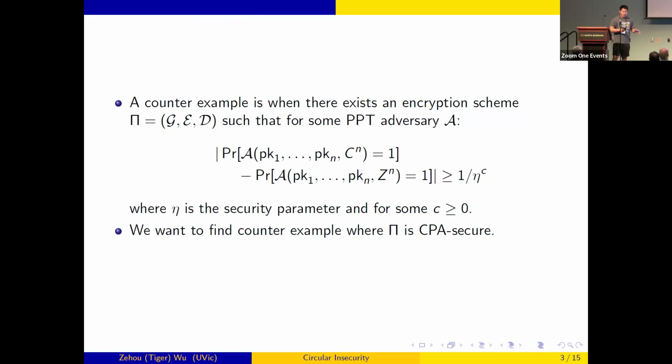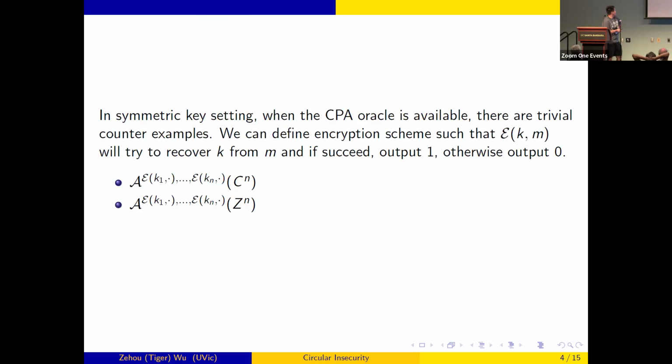A counterexample is where we find an encryption scheme pi that is CPA secure, but a length-n encryption cycle is distinguished from an encryption of zeros. In public key, of course, we just give them the public keys. In a symmetric key setting, this is quite trivial because we can define an encryption function that tries to recover the key from the message.